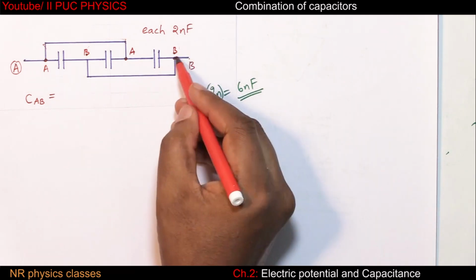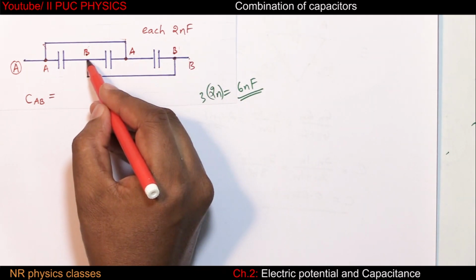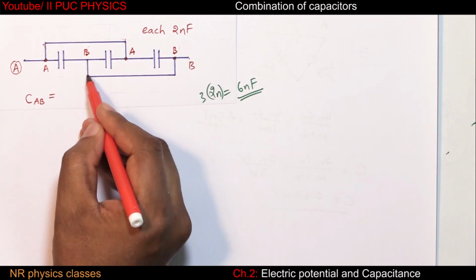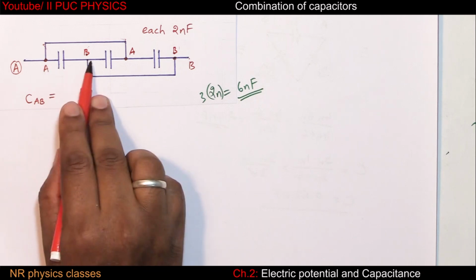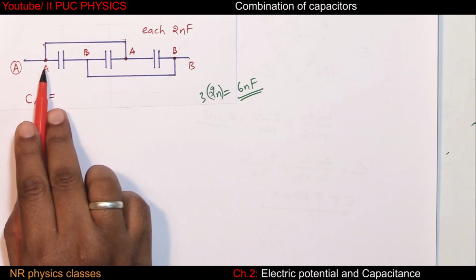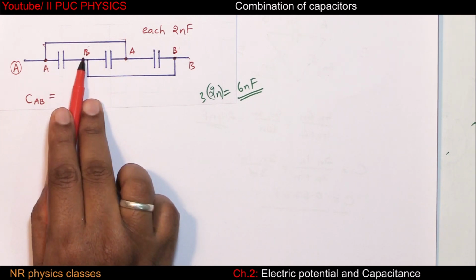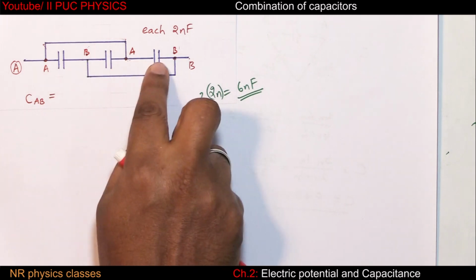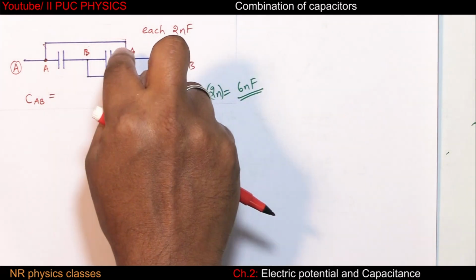Every point is B because they are just connected by a wire. Now observe carefully. 3 capacitors are connected between AB, AB and AB. This is between AB. This is between AB. This is between AB.